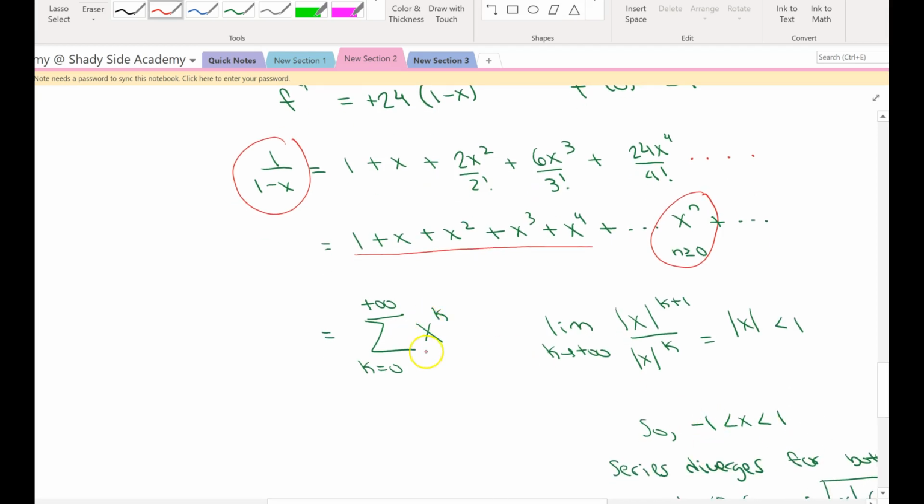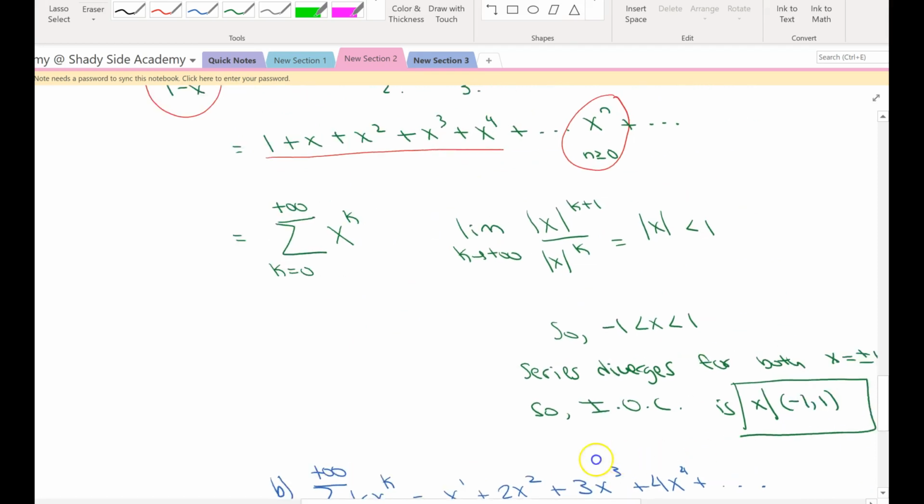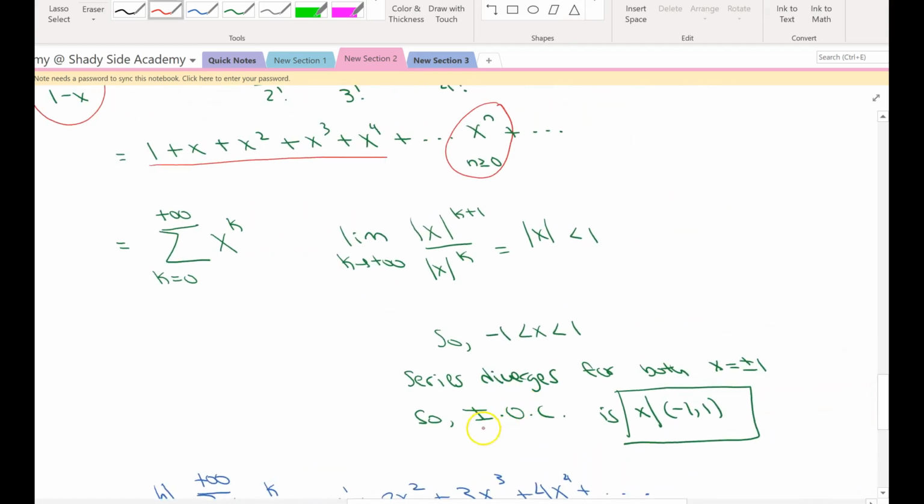When you plug in -1 for x or +1 for x, right? Well, let's just break it down. If you plug in +1 for x, this becomes a summation of 1. So this series is 1 plus 1 plus 1 plus 1 plus 1. Obviously, that diverges by the divergence test. When you plug in -1 for x, that's going to diverge by the divergence test as well. So what I have here at the end of the day is the IOC is x from -1 to 1, not inclusive.